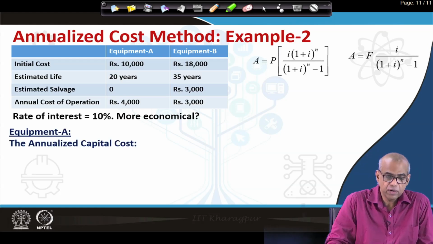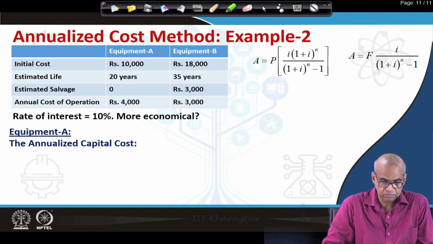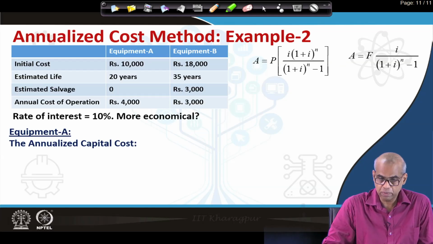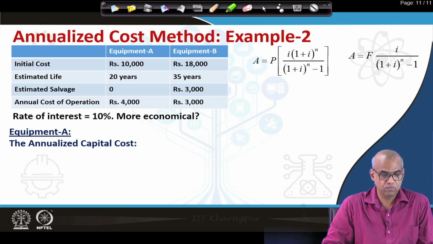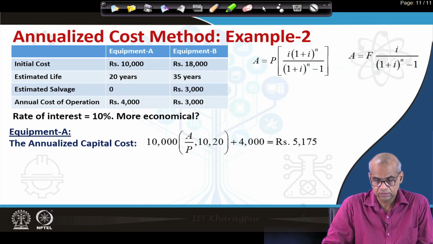So, again we will have to find out the annualized capital cost for equipment A and equipment B. Note that there is one difference between equipment A and equipment B, which is the salvage value for equipment A is 0, whereas salvage value for equipment B is rupees 3,000. So, this needs to be taken care of. So, first let us find out the annualized capital cost for equipment A, which is straightforward. From A by P factor you can find out.